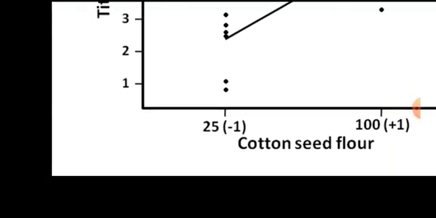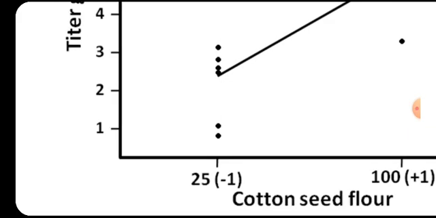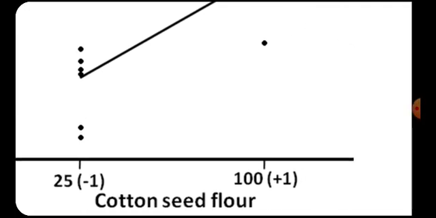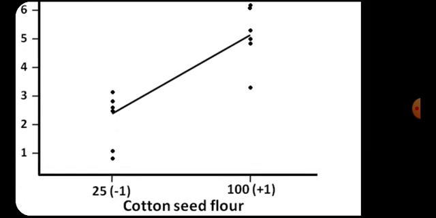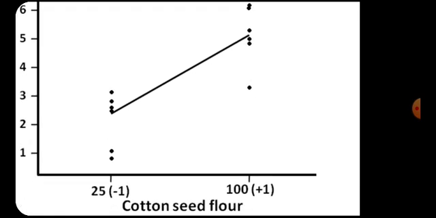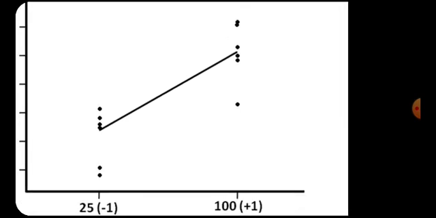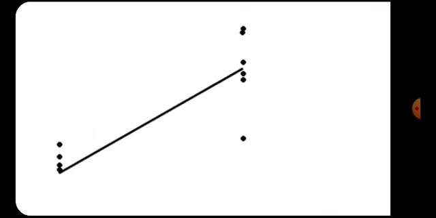You can see the responses of the trials in which the concentration of cottonseed flour was low, 25 grams per liter, are placed on this graph here, and the trials at which the concentration was high, 100 grams per liter, are plotted here.